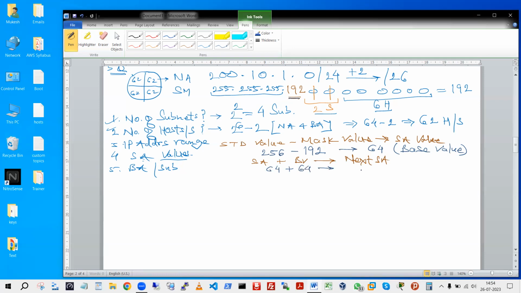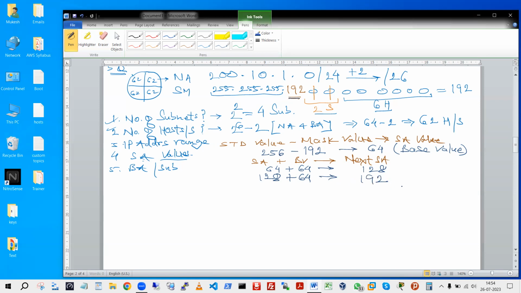So next subnet हो जाता है आपका 128. Keep on adding this base value. Next time subnet address है आपका 128 plus base value 64. The next subnet 192.